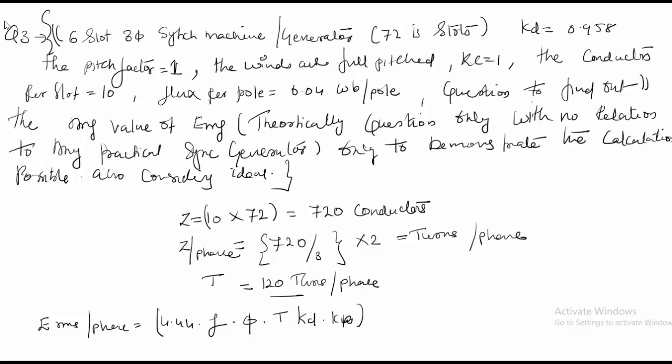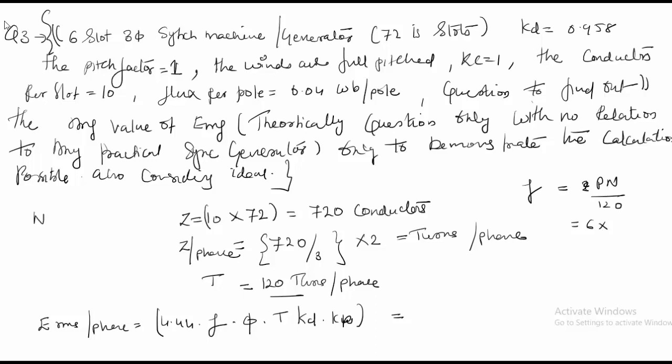So based on this my frequency can be calculated, which is equal to Pn divided by 120, which is equal to 6 into the RPM.